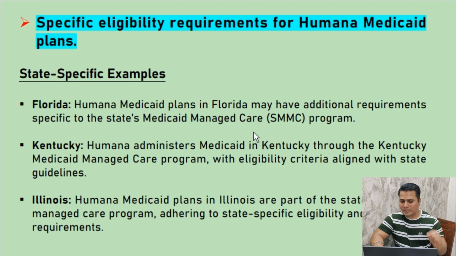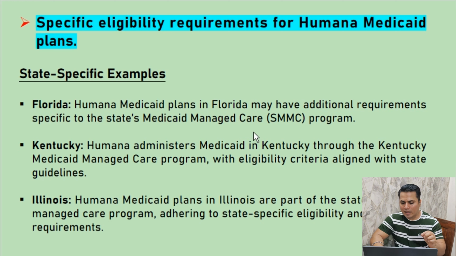Now, specific eligibility requirements for Humana Medicaid plans, state-specific examples. Florida: Humana Medicaid plans in Florida may have additional requirements specific to the state's Medicaid managed care program, also called SMMC.